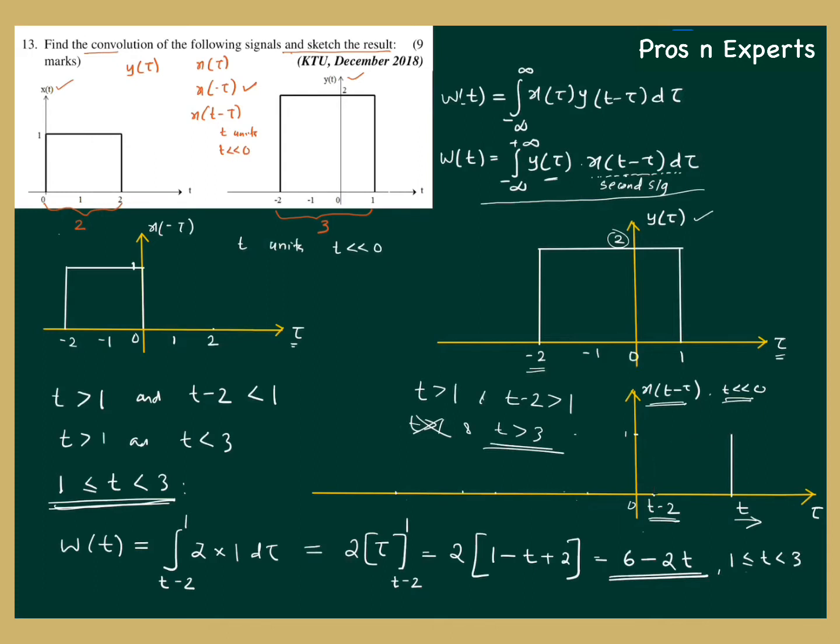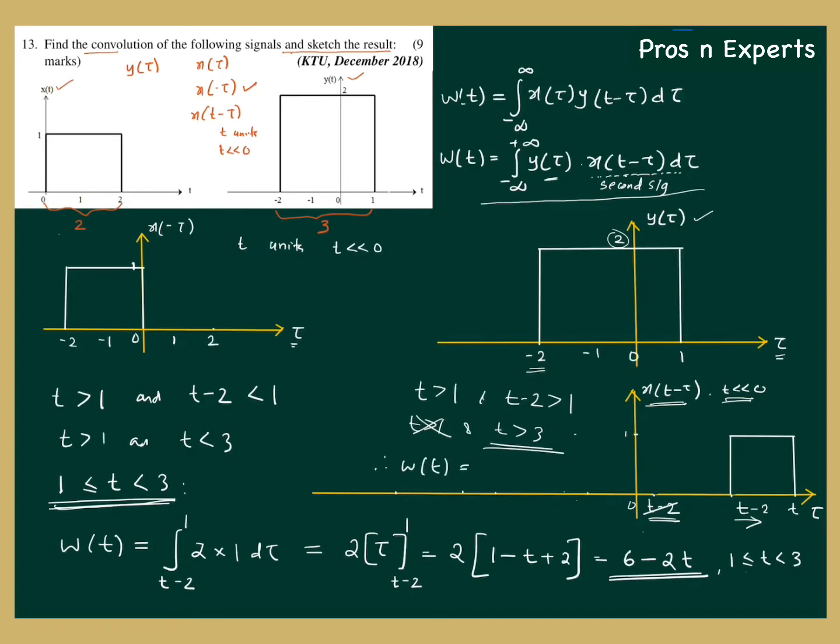So what happens to the signal x of t minus 2? In this case, t minus 2 is also greater than 1. The signal comes somewhere here. Now t minus 2 is obviously greater than 1. Now what is the output?